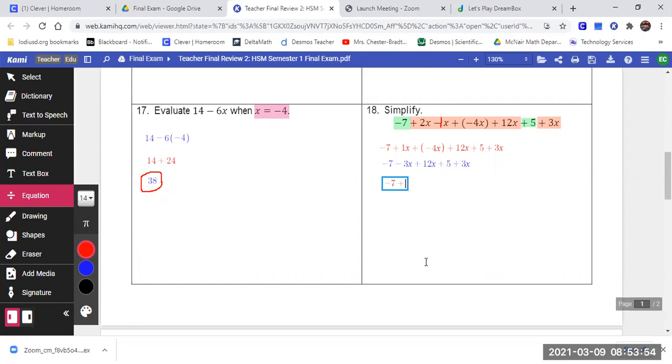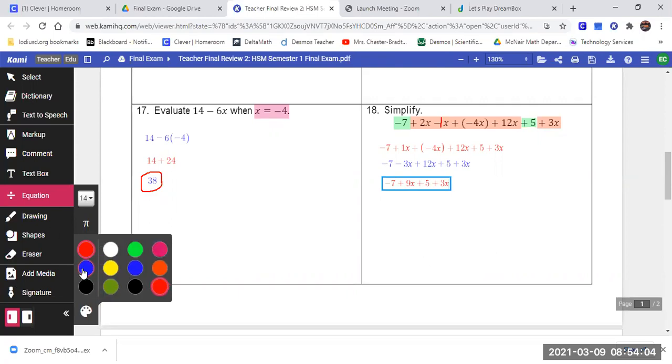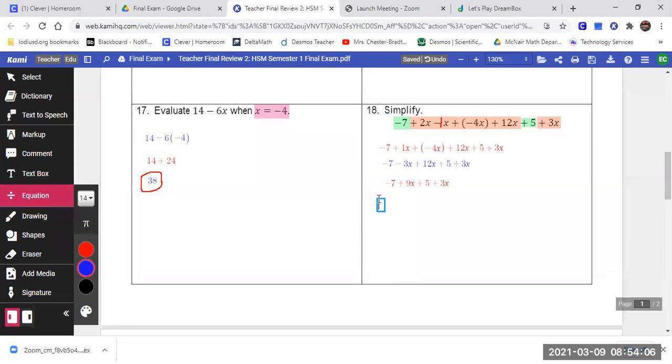Positive, and then 12x take away 3x, 9x, plus the 5 plus the 3x. The negative 7 is still here.